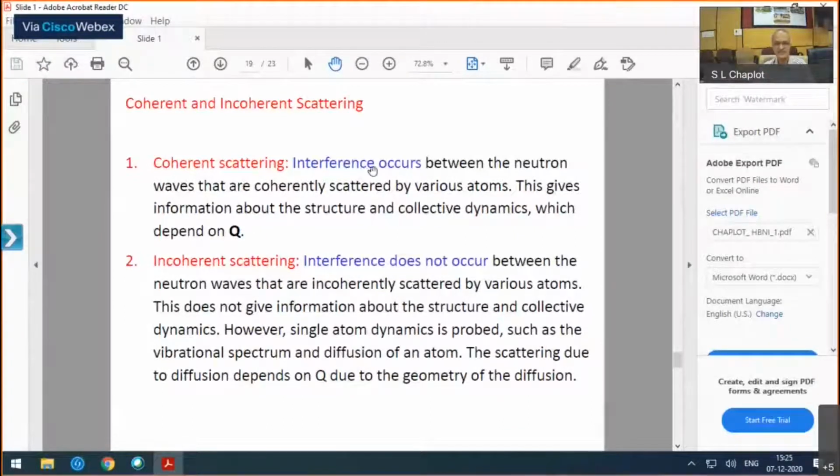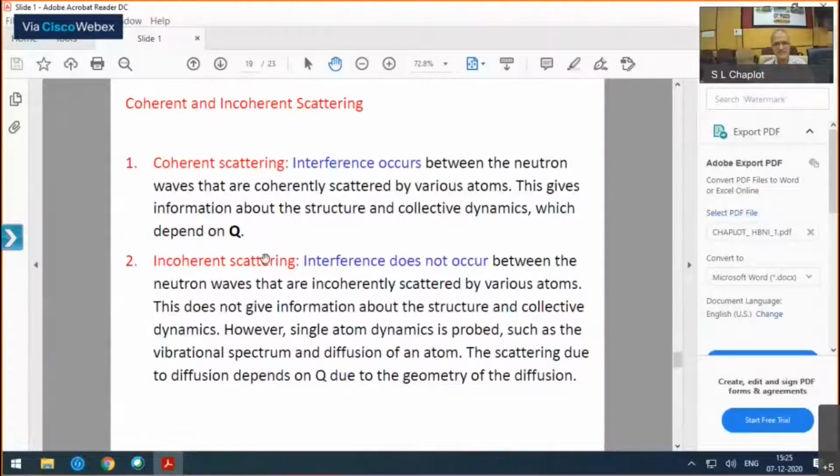Because of this interference, it gives us information about the structure or the collective dynamics of different atoms, and given the interference pattern, it depends on the wave vector transfer. For example, in the case of Bragg reflections or diffraction, we know that the interference gives rise to the Bragg condition.